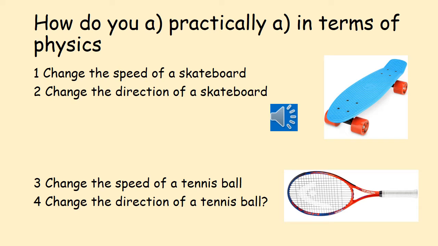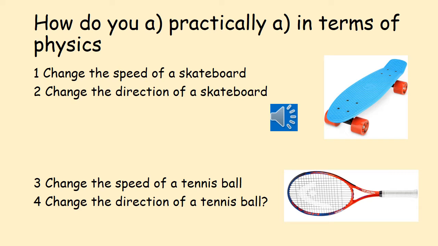Now in all of these cases you are increasing the frictional force acting in the opposite direction to your travel, and so energy is transferred from the kinetic store of the skateboard to the thermal store of the surface.